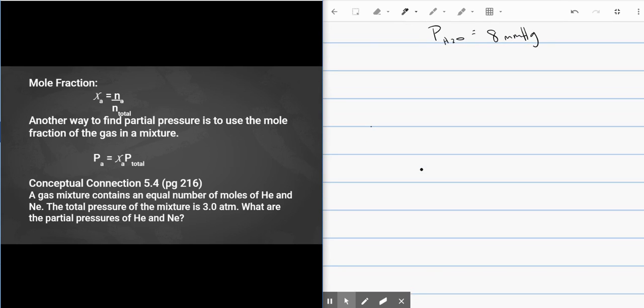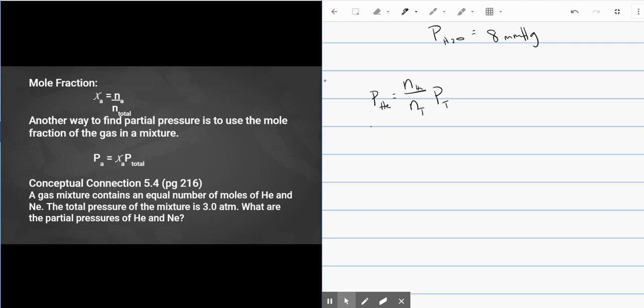4.2, which is found on page 216. A gas mixture contains an equal number of moles of helium and neon. The total pressure is 3 atmospheres. What are the partial pressures of helium and neon? Okay, to find those values, the pressure of helium is going to be equal to the moles of helium over the moles total times the total pressure.